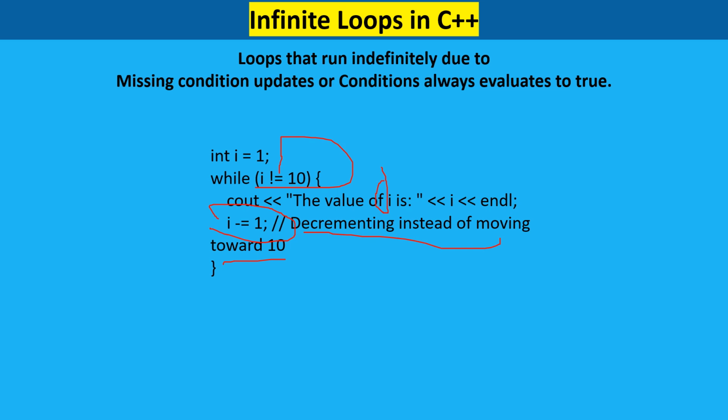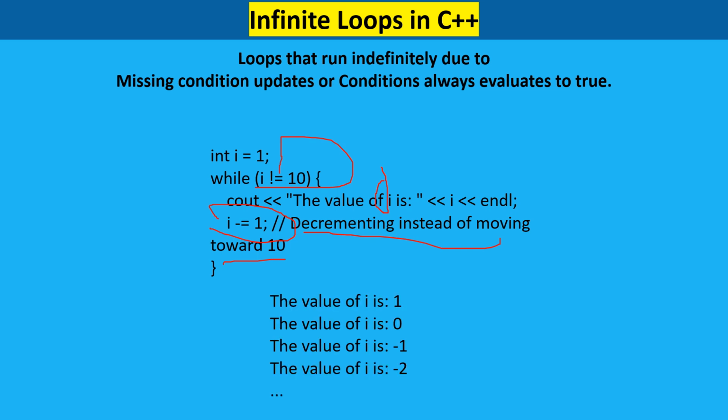The condition can never be false because i is moving in the wrong direction, decreasing instead of increasing toward 10. This logical error causes the loop to execute indefinitely. This program will keep printing decreasing values of i until it is manually terminated.